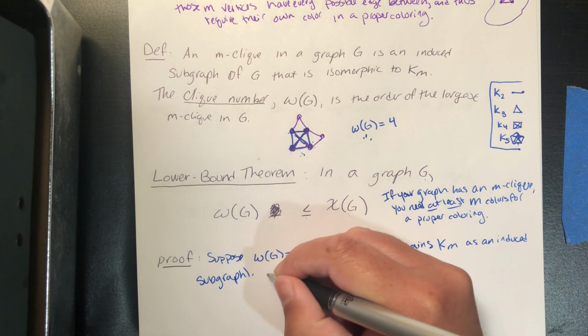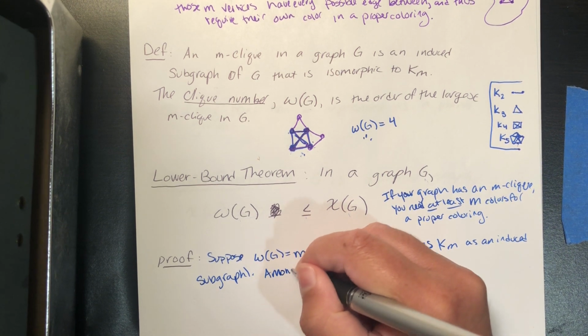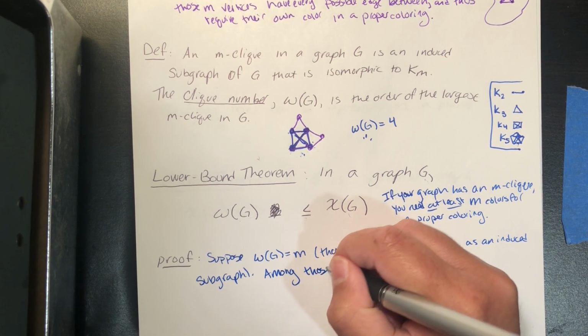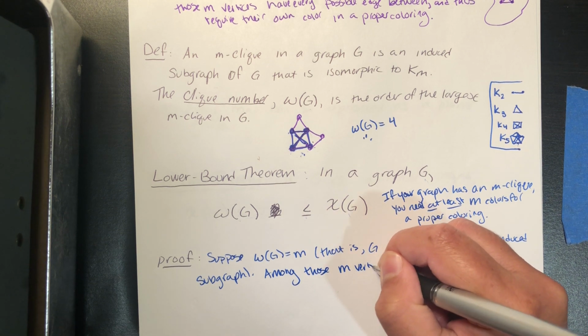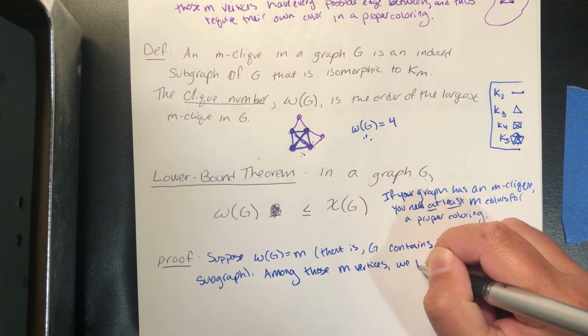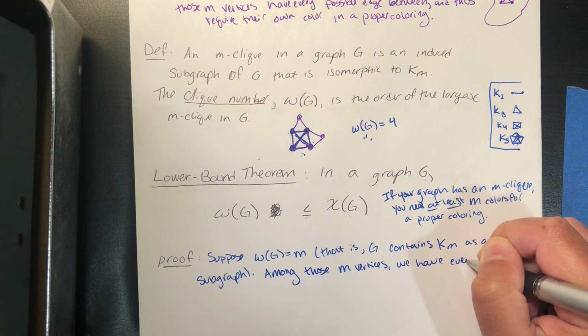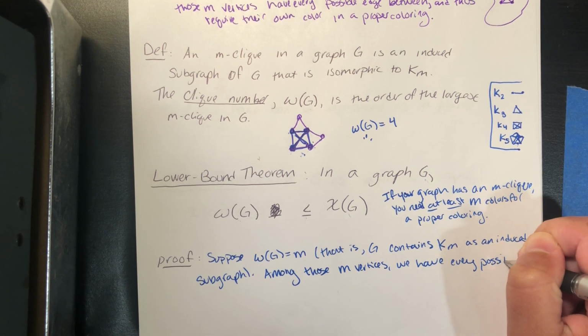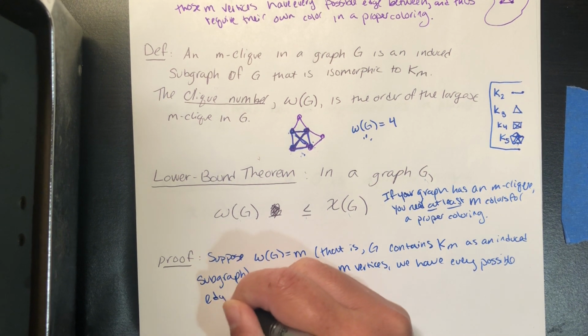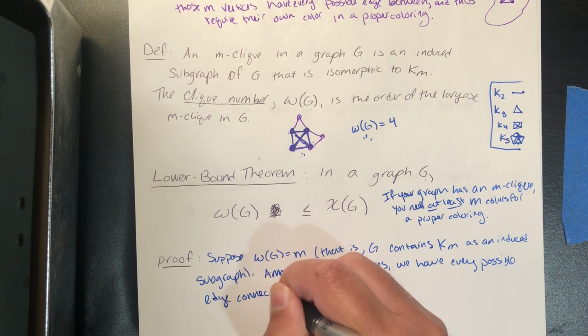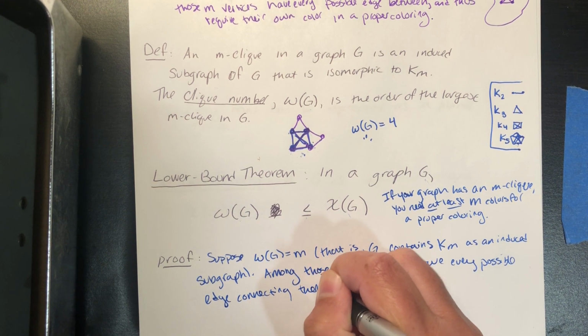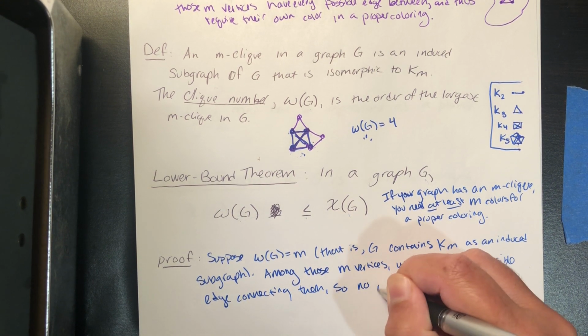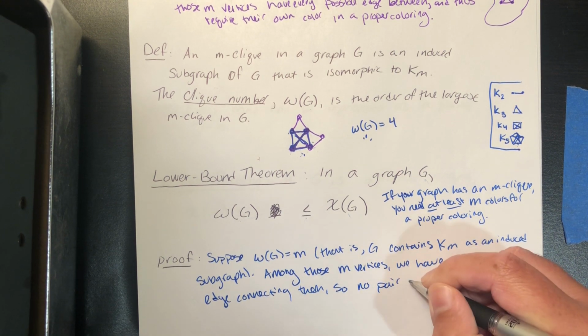Well, that means that among those m vertices, we have every possible edge connecting them. So no pair of those vertices can have the same color.